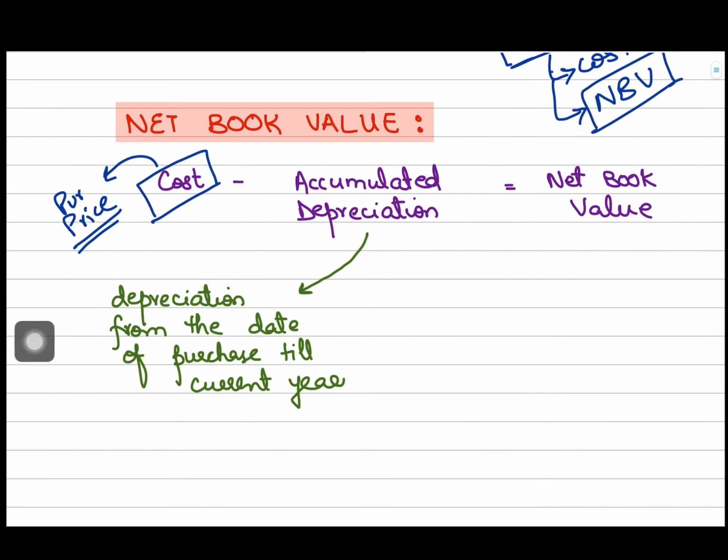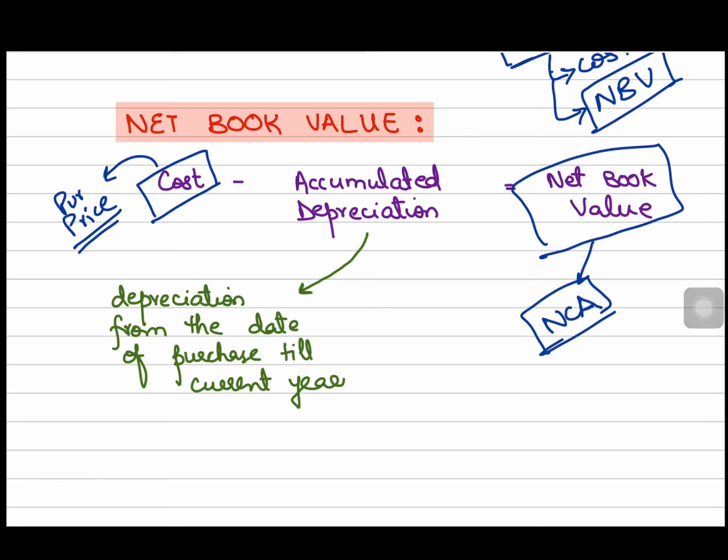So accumulated depreciation is all the depreciation that is charged, or you say the combined depreciation that is charged on a particular non-current asset from the date of its purchase till the current year. So this is how you arrive at your accumulated depreciation, and when this is subtracted from the cost, you will have the net book value, or the value which is right now of your non-current asset, the current value of the asset, the worth of your asset in the current year.